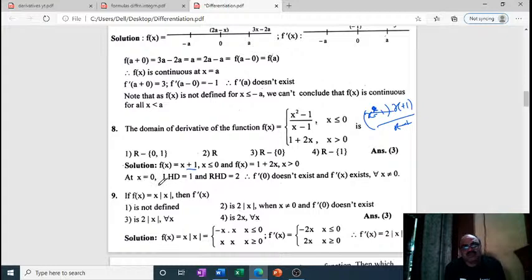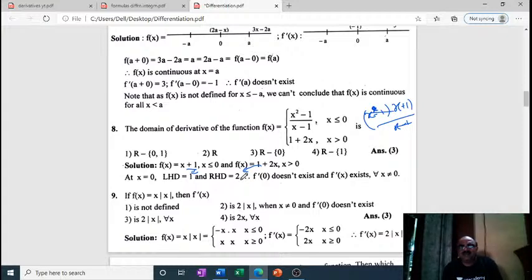Friends, at x equal to 0, the left hand derivative is 1. Look at this. At x equal to 0, the left hand derivative is 1, and the right hand derivative is 2 into 1, which is 2. So f dash of 0 doesn't exist.